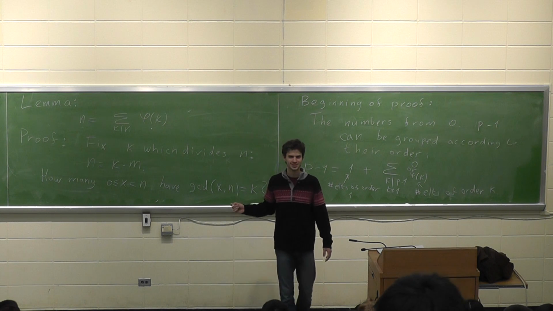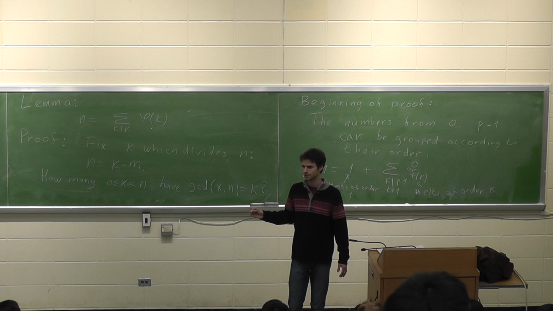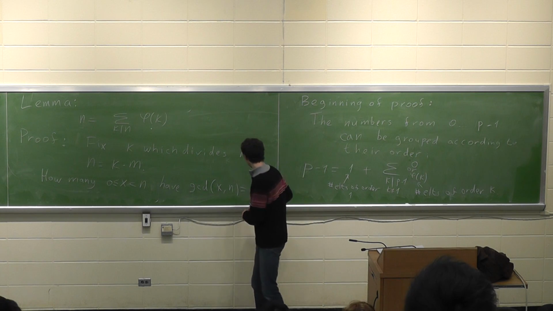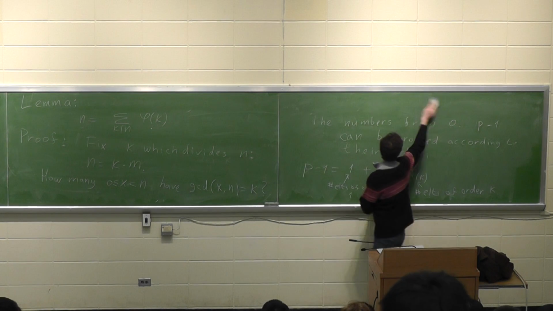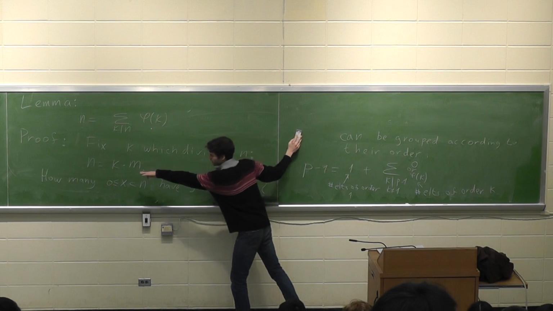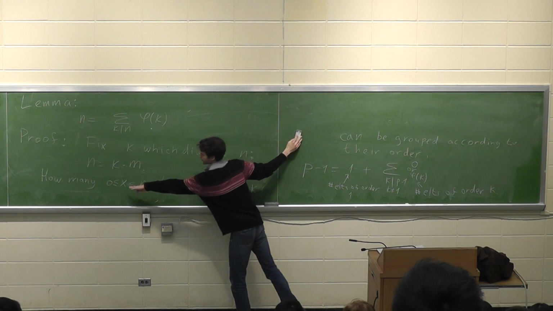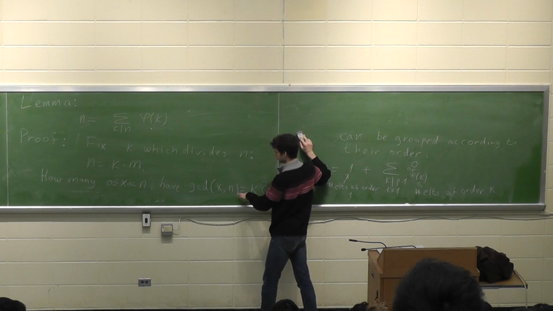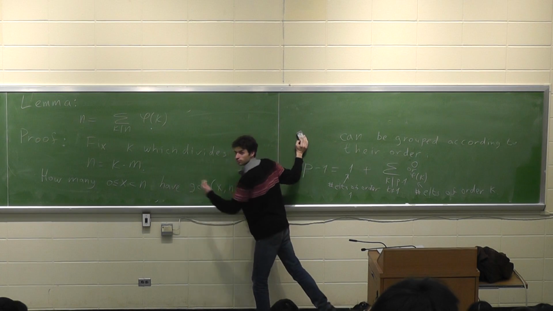It should be easy. φ(n), yes. So for example, if k is equal to 1, then the number of elements whose greatest common divisor with n is equal to 1 is φ(n).